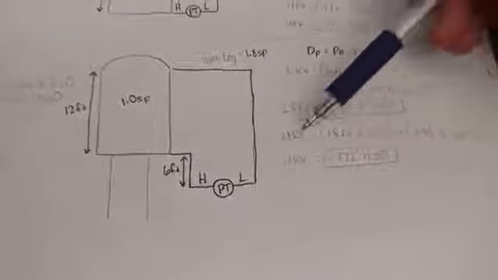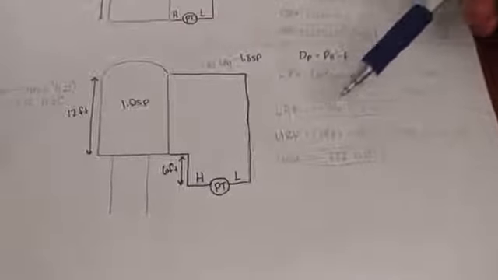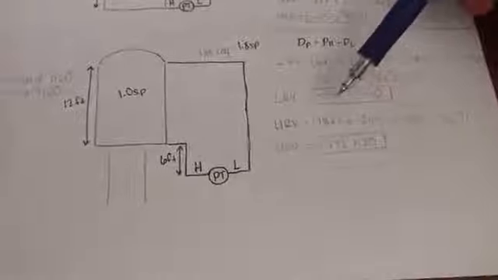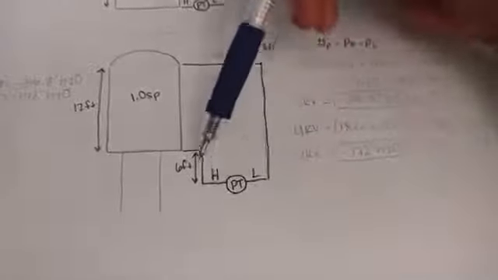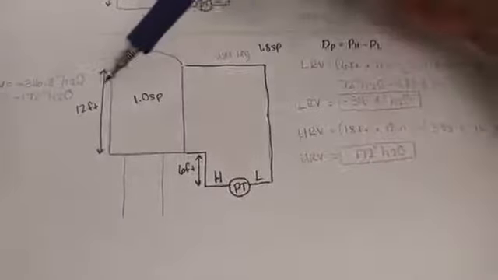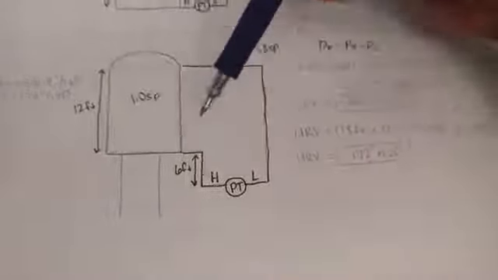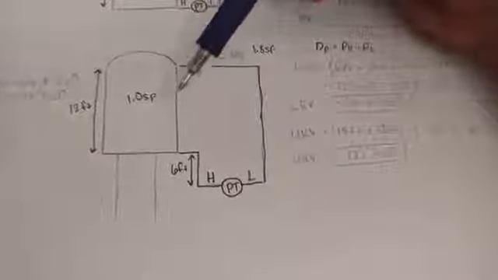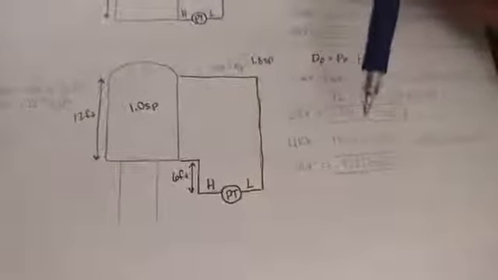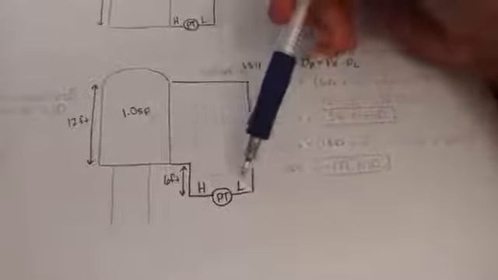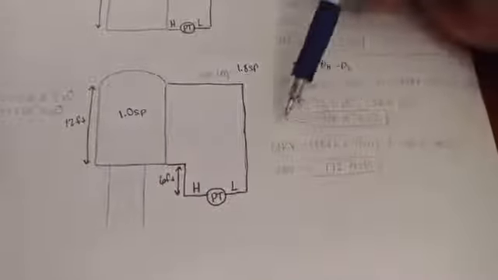So now we've got to find our upper range value. We're going to use this again. And this time, for our pressure high, we're going to look at this entire distance here, and we know that's going to be 18 feet times 12 inches times 1, which is going to give us a number that we're going to subtract our wet leg side from.